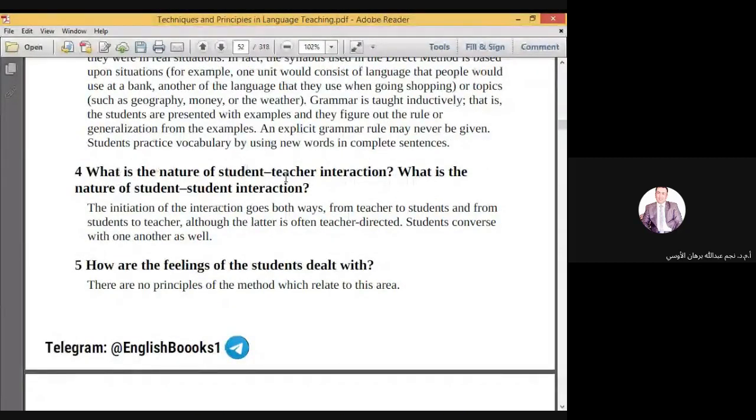Next, what is the nature of the student-teacher interaction? What is the nature of the student-student interaction? The initiation of the interaction goes both ways.